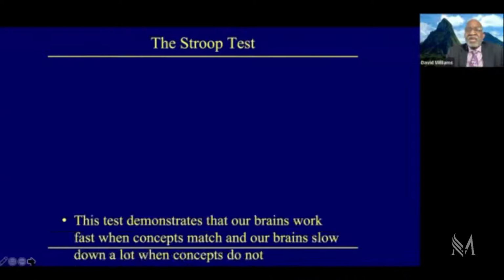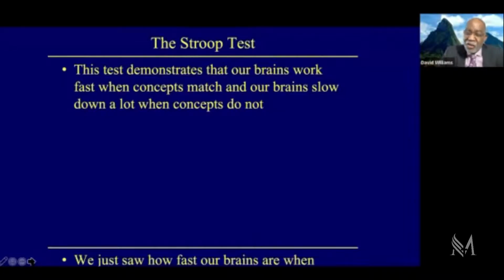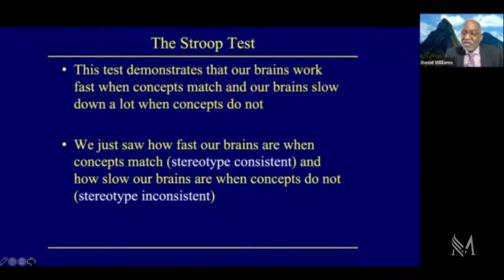Did you notice something? This is called the Stroop test. It demonstrates that our brains work fast when the concepts match, but our brains slow down when the concepts do not match. When the color and the word are not saying the same thing, we get a little confused.